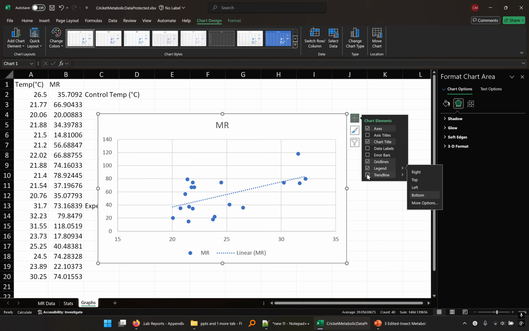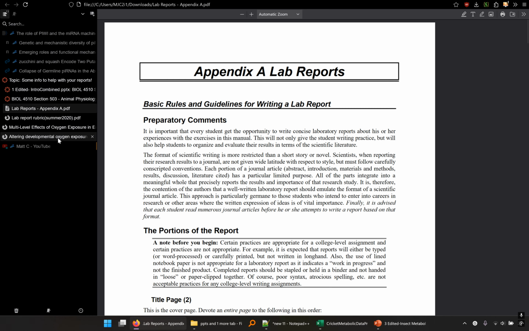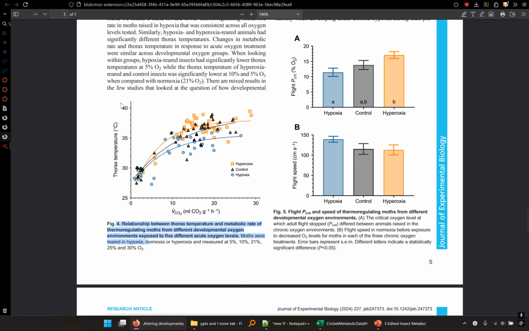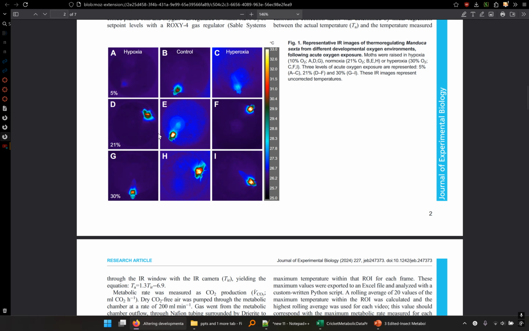We also want to include a trend line on this, but you don't want to include it as a linear trend line, because of this relationship, if you see in this paper, which is temperature reported on the other side. This is talking about moths. These moths actually are endothermic, so they are measuring the increase in temperature that the moths are voluntarily doing at different levels of oxygen.